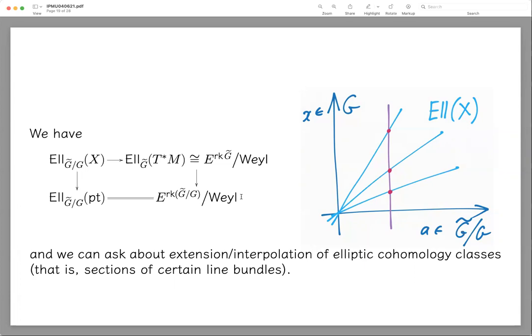So that's the equivariant elliptic homology of a point, and in general it's something like this: the finite projection to just a product of elliptic curves, and that sits in some ambient thing which is also a product of elliptic curves, modulo the Weil group. So the whole thing sits in the G tilde modulo G elliptic homology of a point, that's just a product of elliptic curves modulo the Weil group, and then there's a bigger thing which is also a product of elliptic curves, also modulo a bigger Weil group, and somewhere there is a subvariety that covers the base finite to one.